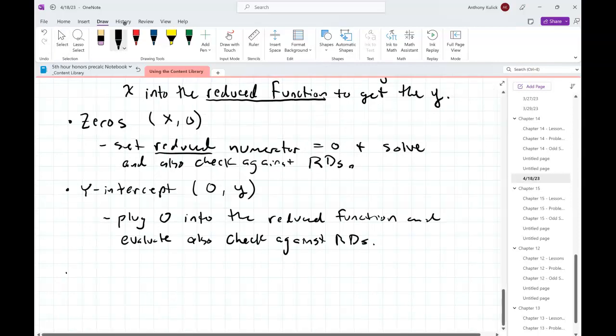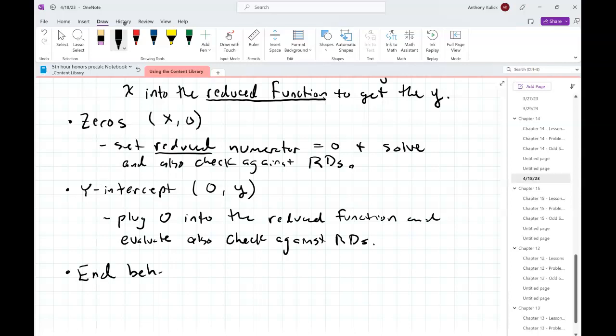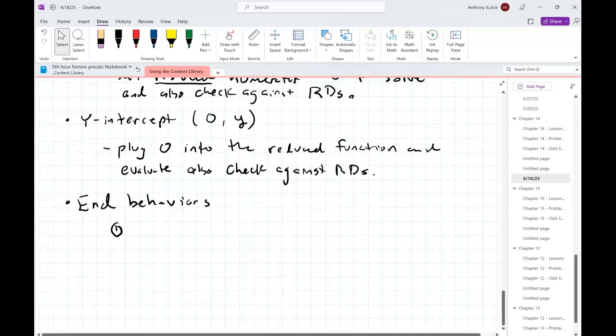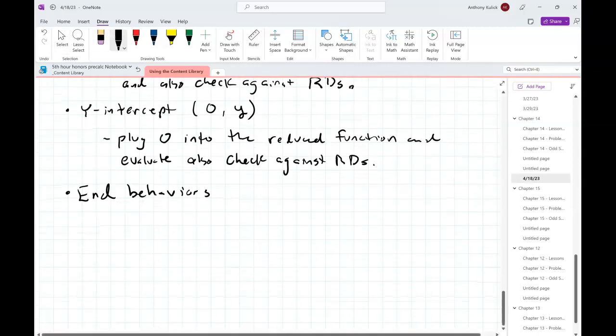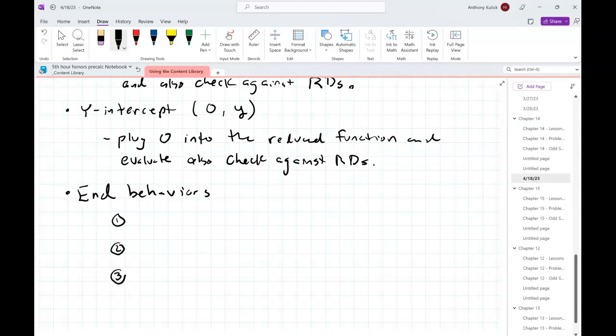And then the last key feature we're going to be interested in finding are the end behaviors. These are a little bit trickier because there's actually 3 types. I might want more space than that.